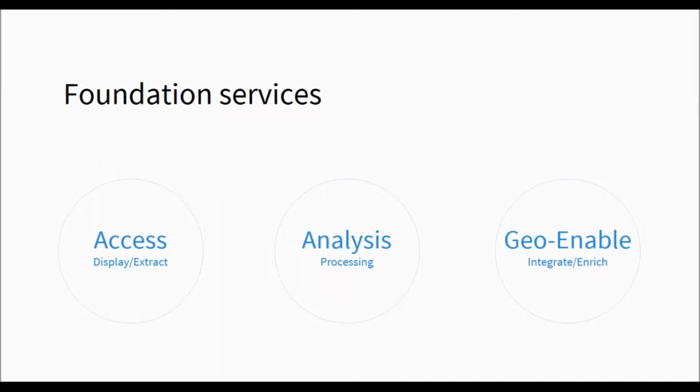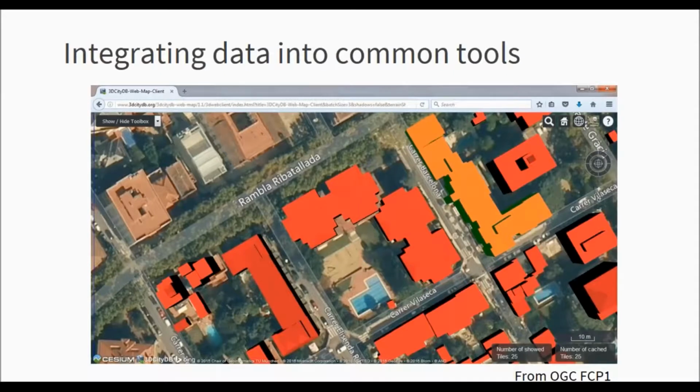But also the analysis and processing of data is where we see services pop up, for instance, the web processing service issued by the Open Geospatial Consortium. But then there's this new area which should allow you to geo-enable, to add location to other data sets that don't necessarily come with a location. And that's really with a view to integrate information and to enrich information.